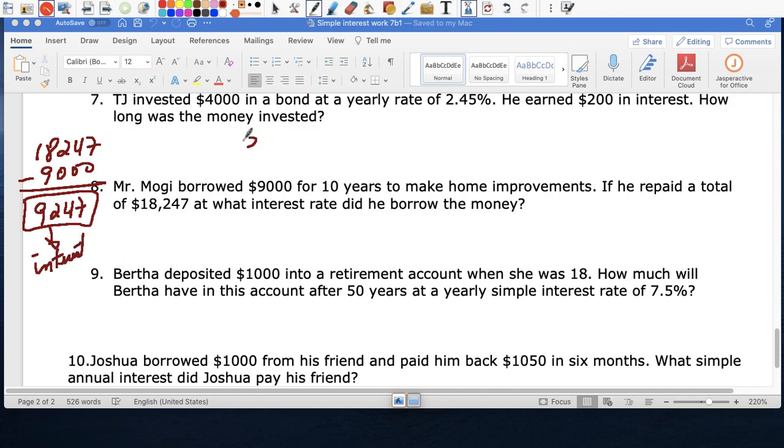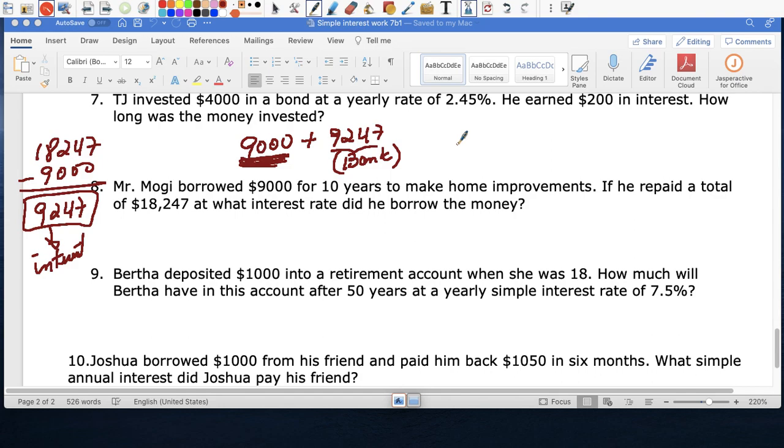So he borrowed $9,000, and $9,247 was paid to the bank in interest. Because the bank has to make some money, right? They're not just going to lend you the money for no reason. So that home improvement that he borrowed $9,000 for actually ended up being $18,247.